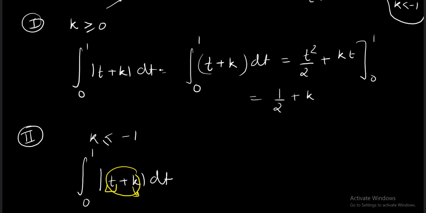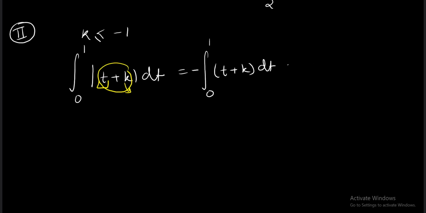Why is it negative? Because k का magnitude t से ज़्यादा है and it has a negative value. So my answer for this integral, first of all, we will write it as minus of t plus k dt, and then we are going to integrate it. कैसे integrate करोगे? This will become minus t square by 2 minus kt. The limit is from 0 to 1.